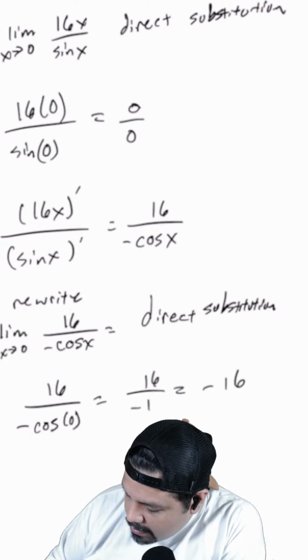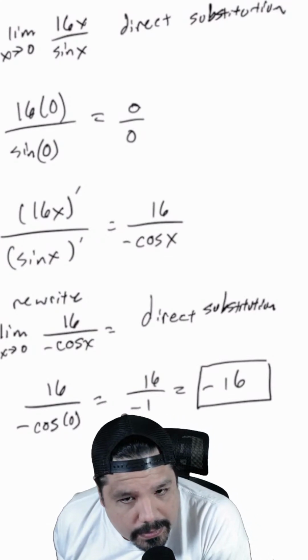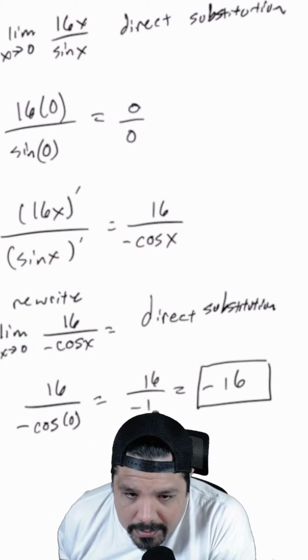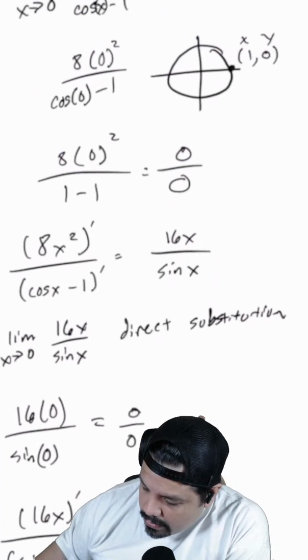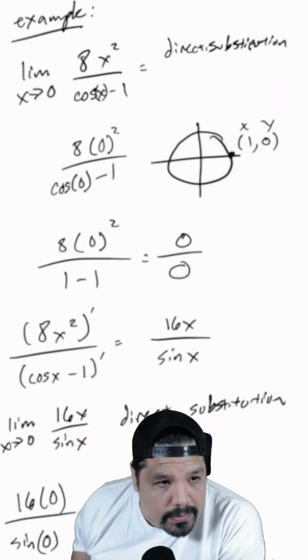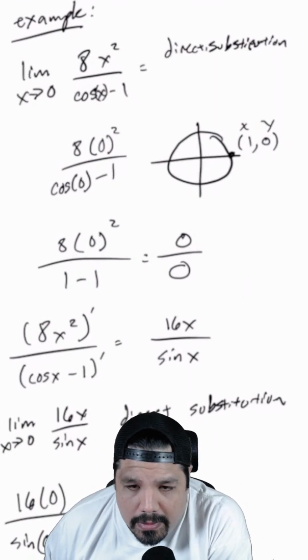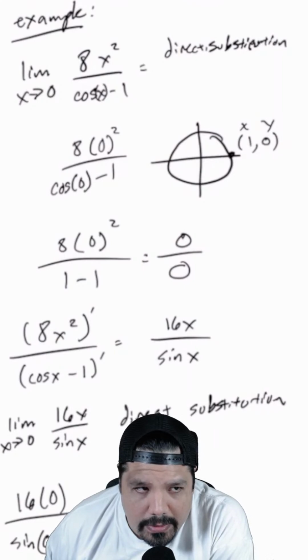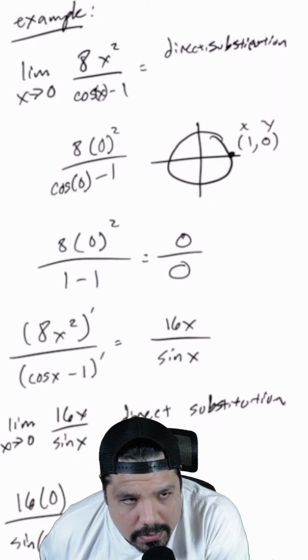Isn't this just negative 16? And that, my friends, is the answer to our original problem: the limit as x approaches 0 of 8x squared all over cosine x minus 1.